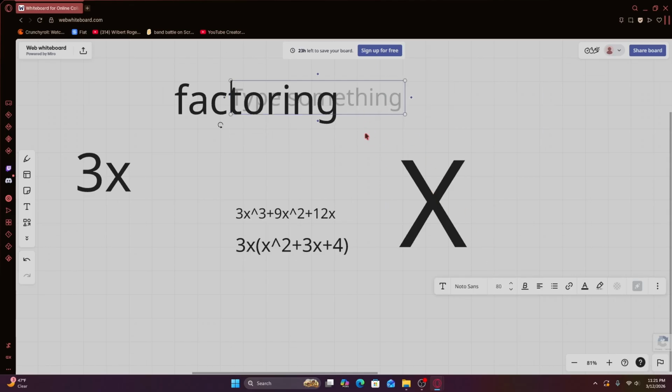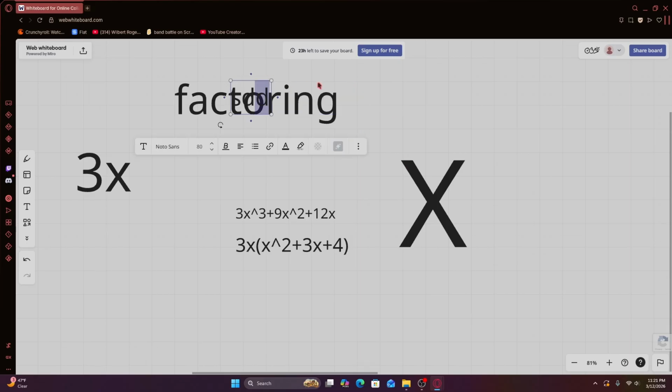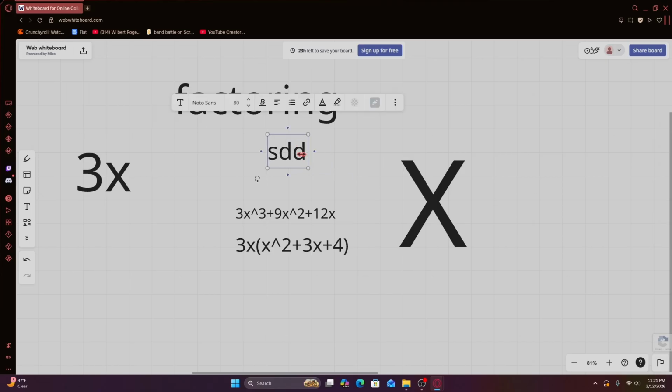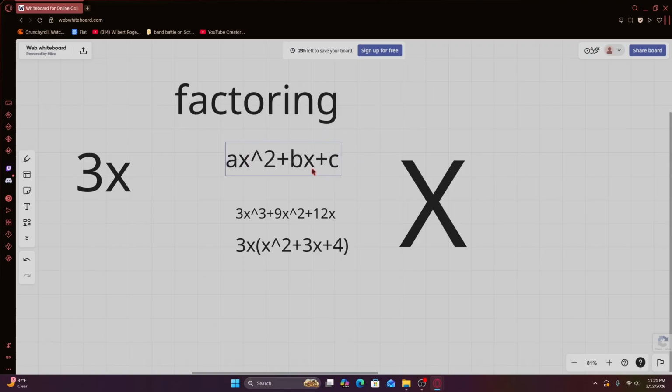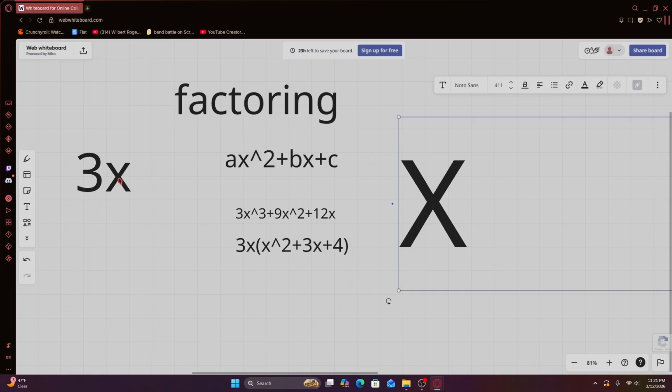This trinomial is going to be an equation set up like this: a times x squared plus b times x plus c. Now, this equation right here can be put into this x formula to be simplified.